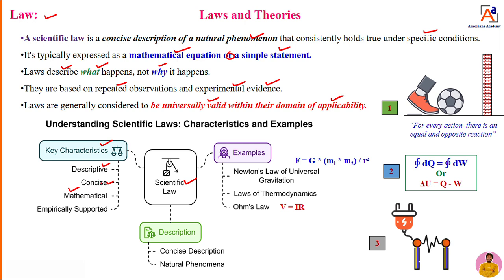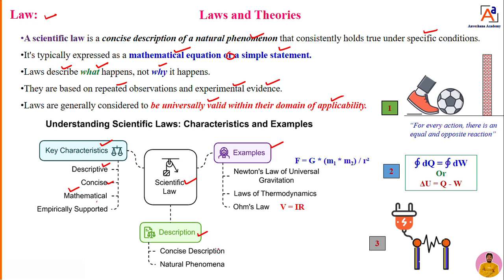With the help of a mathematical expression or equation we can write the law. So what are the examples of these laws, dear students? You can take Newton's law of gravitation, laws of thermodynamics, Ohm's law. These are all laws actually. These are examples of laws.